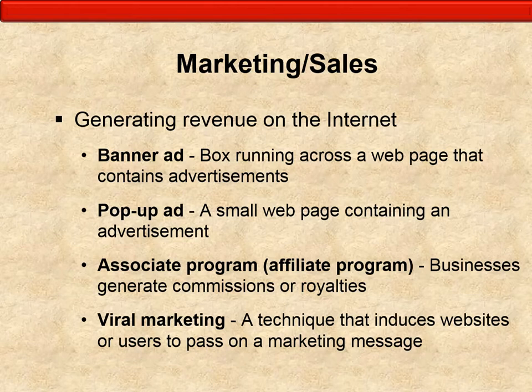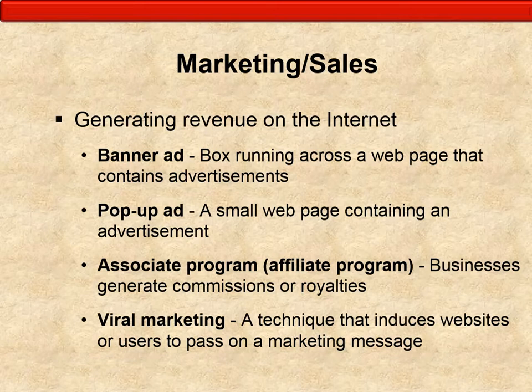The associate or affiliate program are businesses that generate commissions or royalties from these pop-up ads or banner ads. So I may have signed up as an affiliate with Reebok, and anytime that you click on my Reebok banner, they pay me.